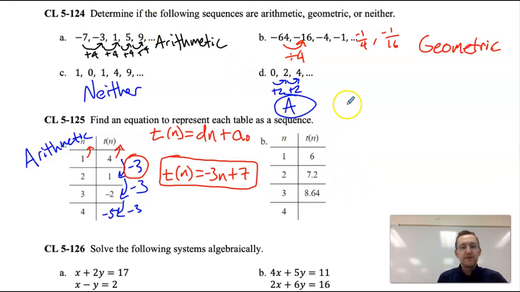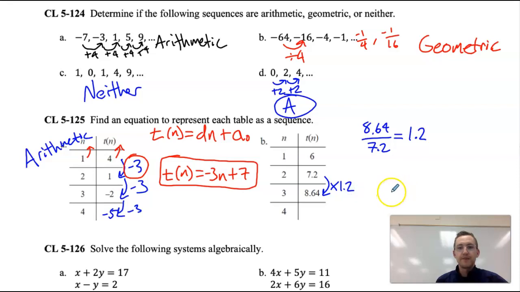But we can check for geometric: if we take any term and divide it by the previous term, we get the multiplier or the rate between those two terms. So if we do 8.64 divided by 7.2, our rate is 1.2 between these two terms. So we're multiplying by 1.2 to get from 7.2 to 8.64.